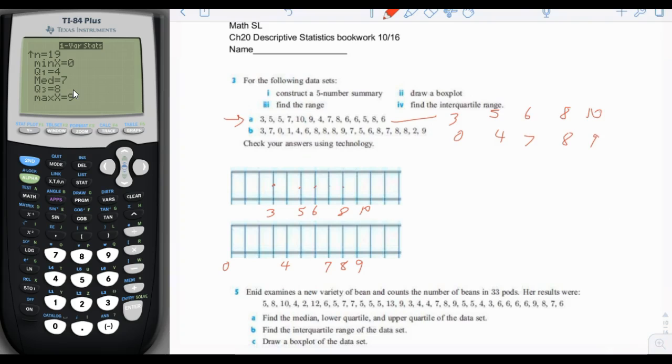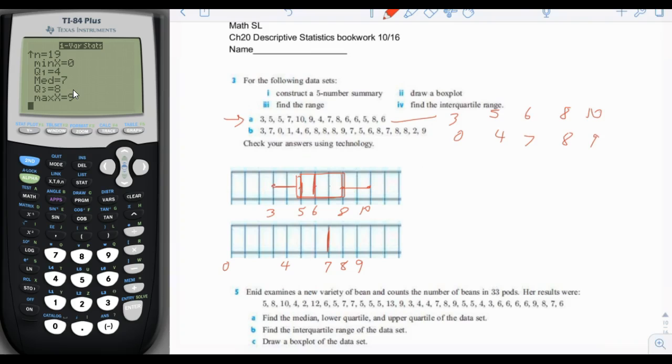Remember, the box plot has a box in the middle section, and the median is marked with a vertical line inside the box. And then the sides are horizontal lines like that. So for this one, the median is 7.